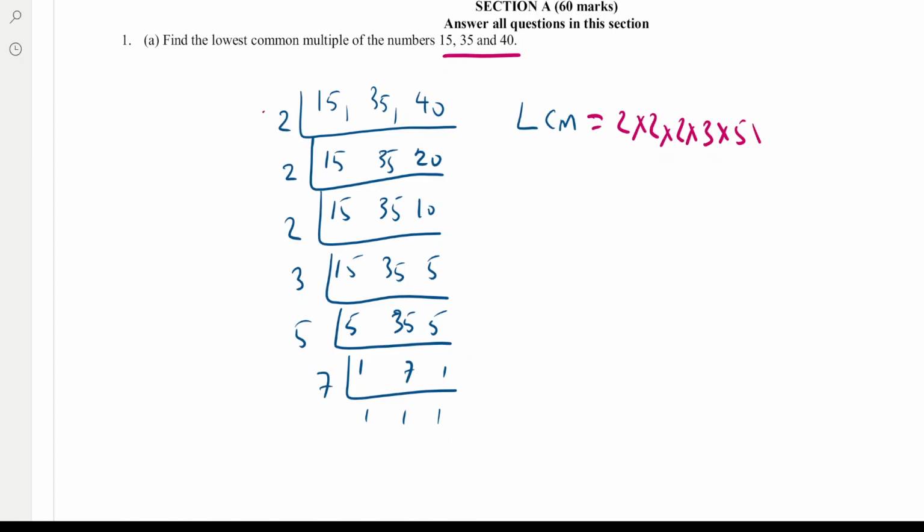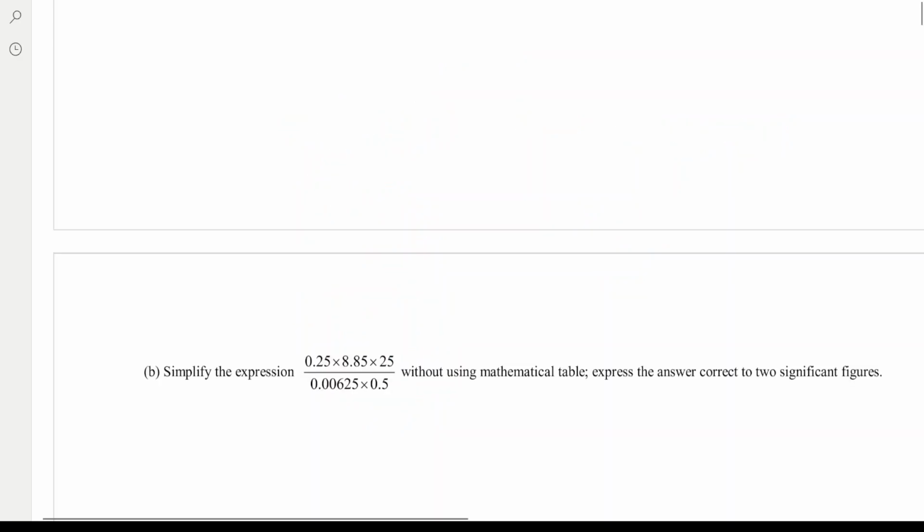You can just take a calculator and plug in the numbers, or you can multiply. Here we have 8, multiplied by 5 is 40. You have 40 times 3 times 7. Eventually we get 840. So the LCM of 15, 35, and 40 is 840, dear students. Thank you.